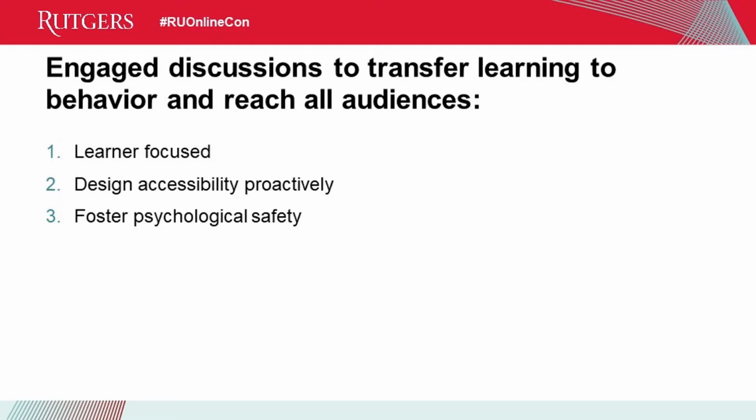Designing elements in our training that are proactively and intentionally made to make that learning environment inclusive of all folks, all learners, and to create and foster a space of psychological safety where people feel comfortable sharing information, interacting with the information to turn it into knowledge, right?